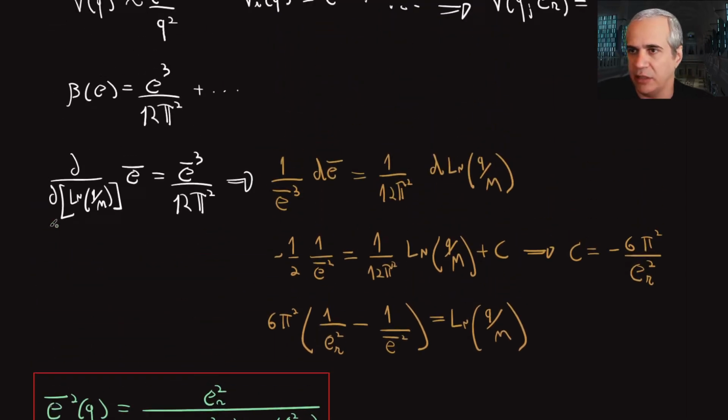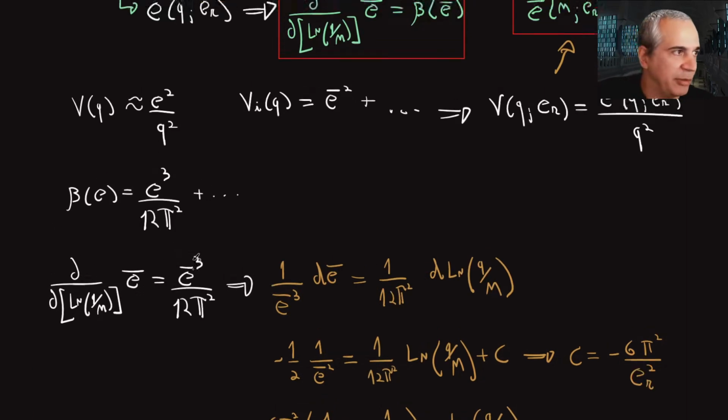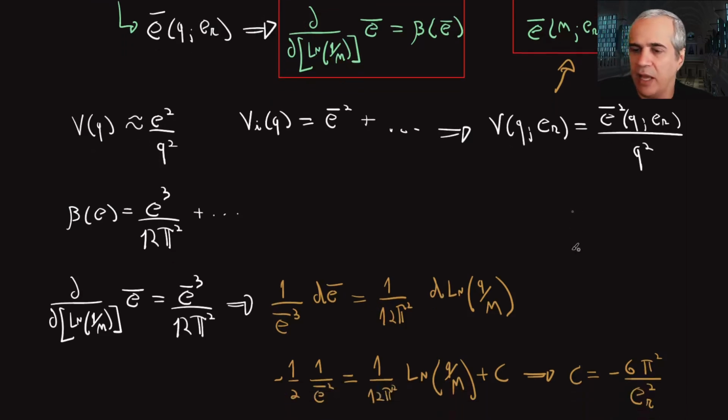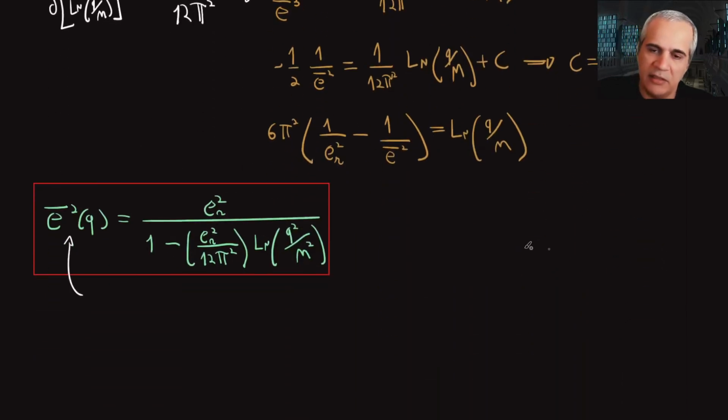That should be clear from this expression for the potential, right? So the charge you're really measuring, it's E bar. So that's the proper expansion parameter for your interaction, right? And this is already resummed of all the resummation of all these one loop diagrams, right?